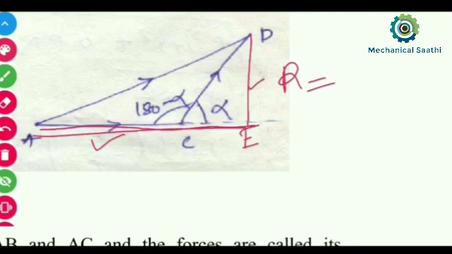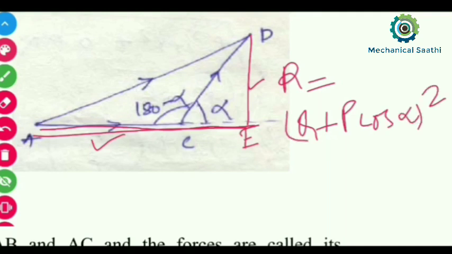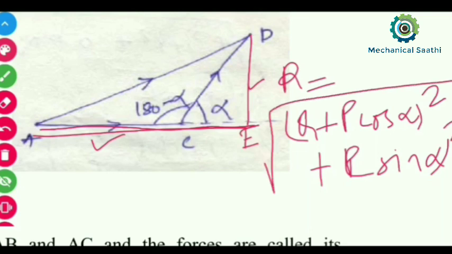AE we have already calculated in the previous equation, that is equal to Q plus P cos alpha. So R equals the square root of (Q plus P cos alpha) whole square plus (P sin alpha) whole square. Now I can open this one.